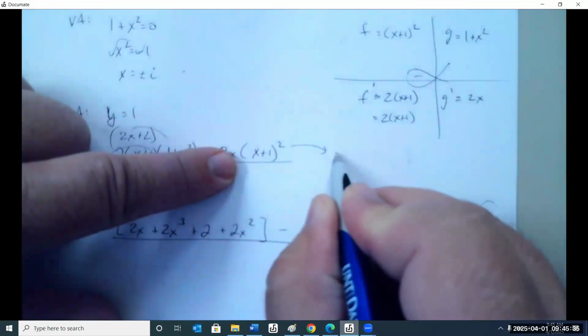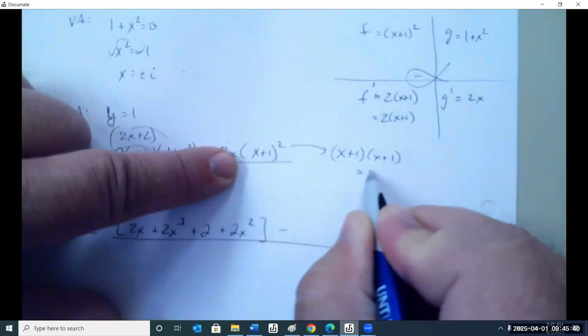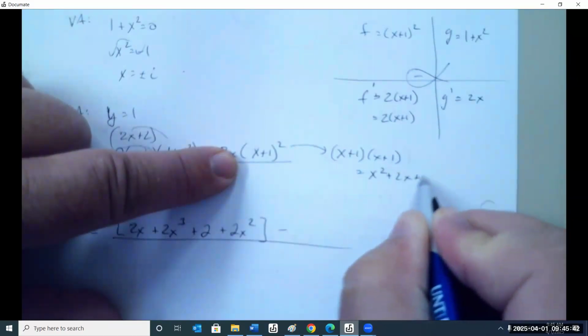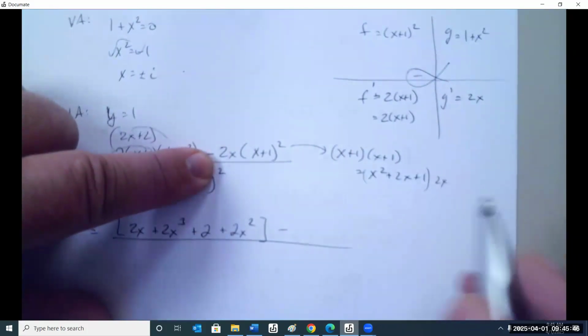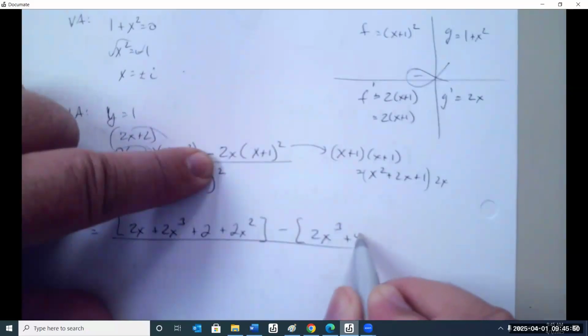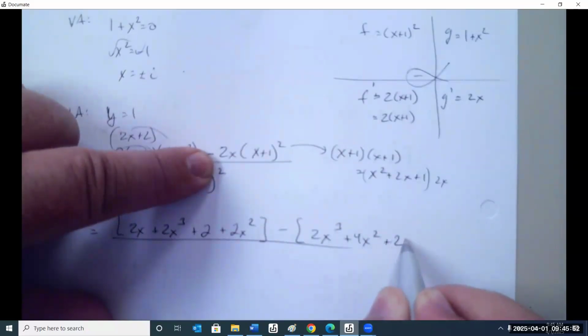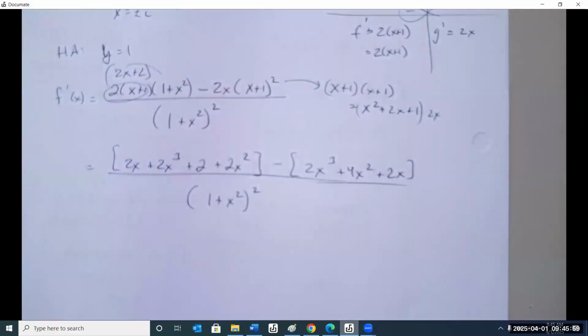This one is x plus 1 times x plus 1, which makes it x squared plus 2x plus 1, times 2x, which makes it 2x cubed plus 4x squared plus 2x. Leave the bottom alone.